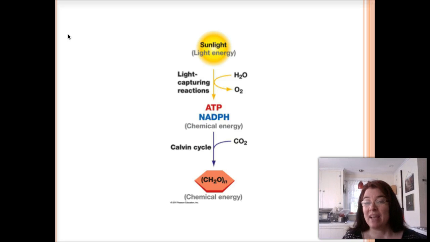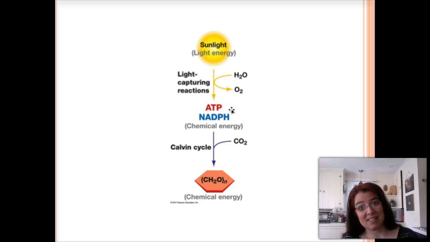So that brings us back to this very simple but very important diagram that we've looked at a couple of times now, this summary diagram for photosynthesis, where we take energy from the sun and we use it to produce carbohydrate. So far we've done the first half of this diagram. We've explained what happens in the light reactions, or the light-dependent reactions, or as your textbook says, the light-capturing reactions.